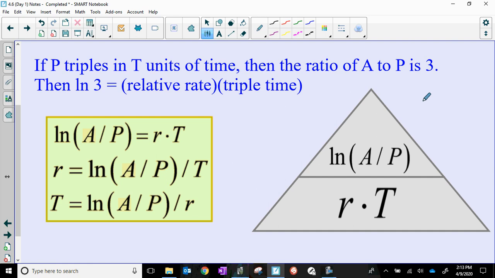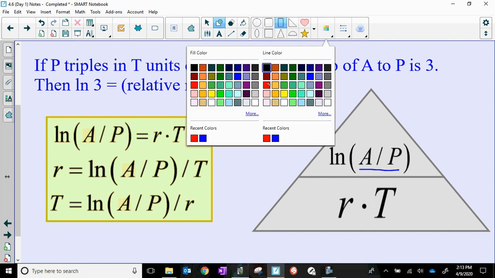And in some of those classes, you may have seen this little magical triangle where you put the distance in the top or the work in the top. Well, what's going in the top is the natural log of that ratio. So if it's double, you put 2, triple, you put 3. And then you put rate times time in the bottom. So if you cover up one of these things that you don't know, then you can find out how to get it by looking at what's left.